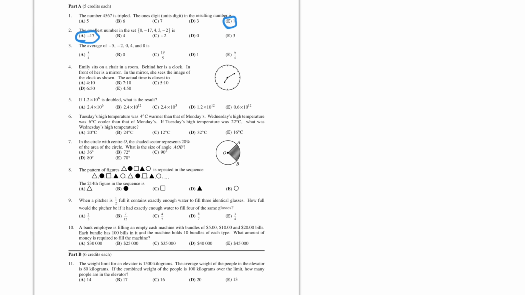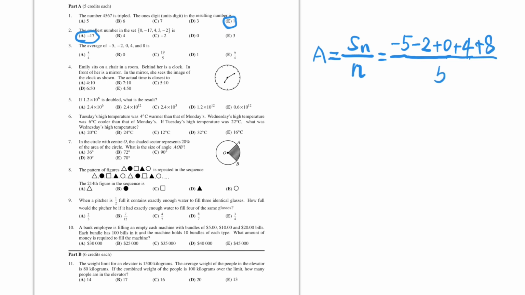Number 3, the average of -5, -2, 0, 4, and 8 is, average equals sum of the numbers divided by the number of the numbers. For this problem, the sum of the numbers, that's -5 plus -2 plus 0 plus 4 plus 8.